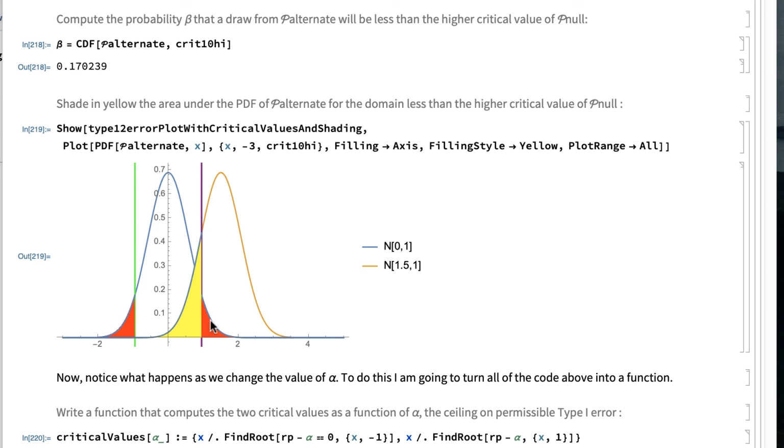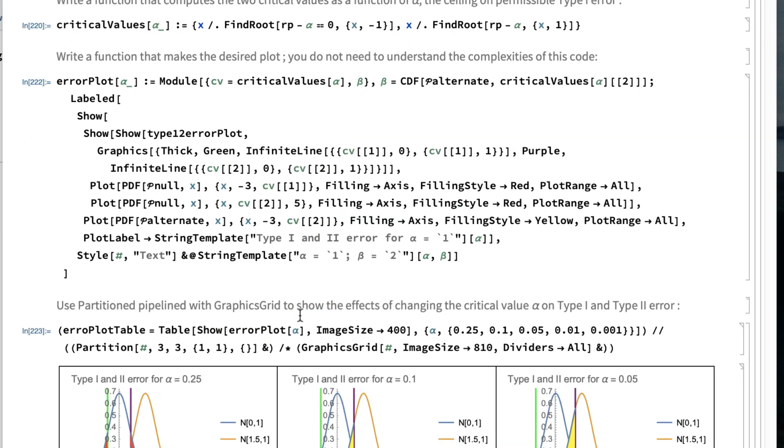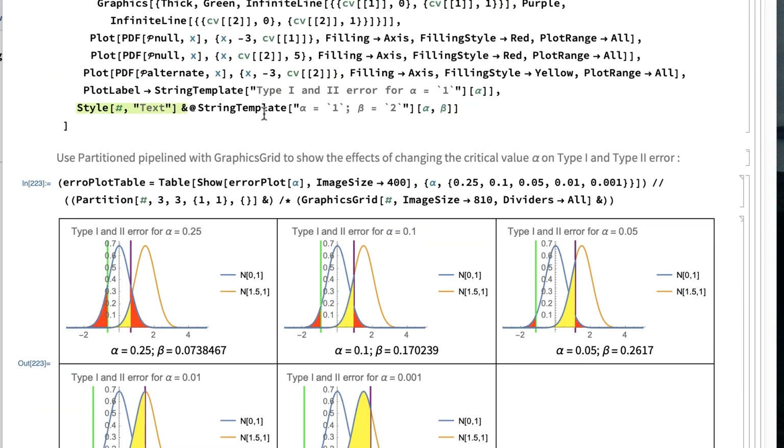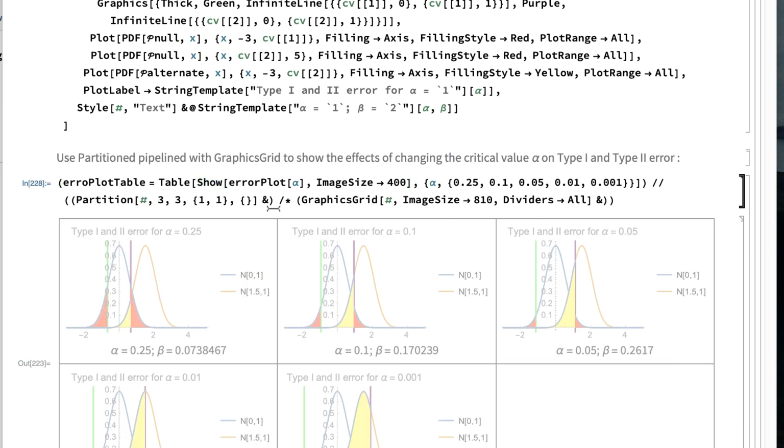That will make the possibility of a type 1 error smaller. But by moving the purple line to the right, I'm going to increase the size of the yellow area, and that's going to increase the probability of the type 2 error. So there is a trade-off between the type 1 error and the type 2 error, and you can see that in this set of graphics that I produced.